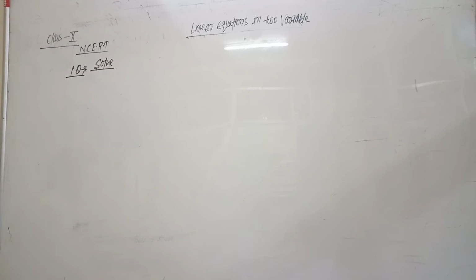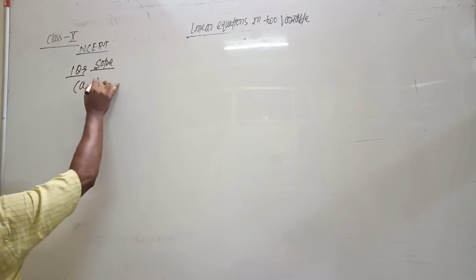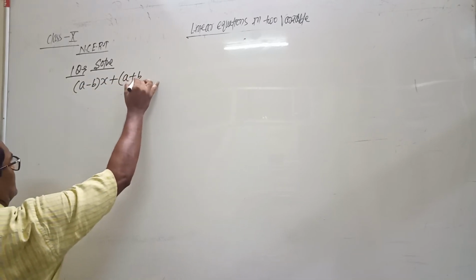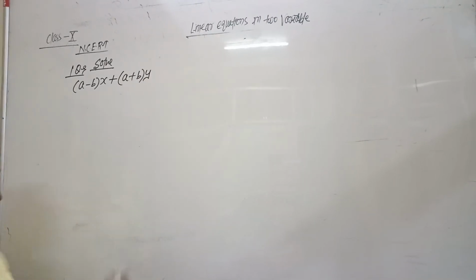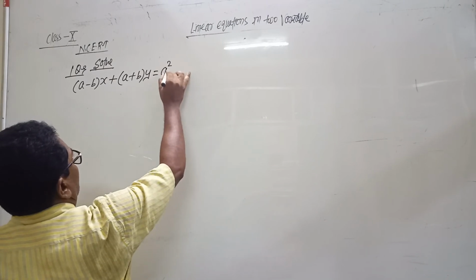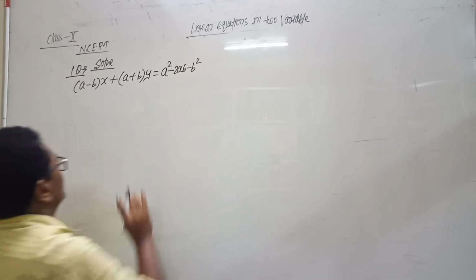And the equation is (a minus b) into x plus (a plus b) into y equals to a square minus 2ab minus b square.